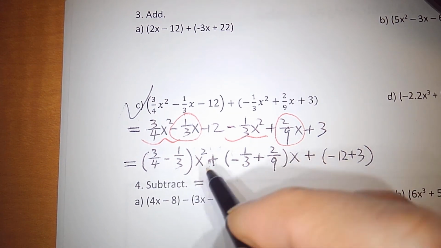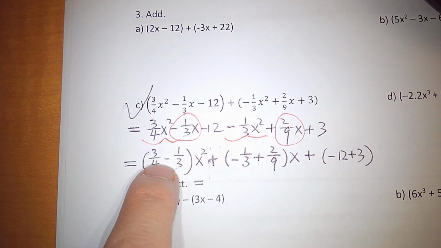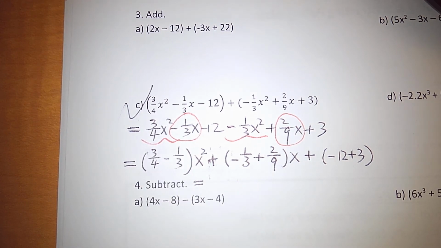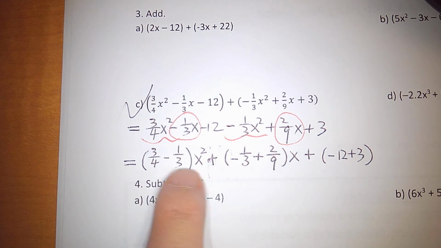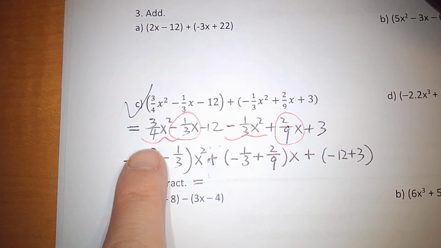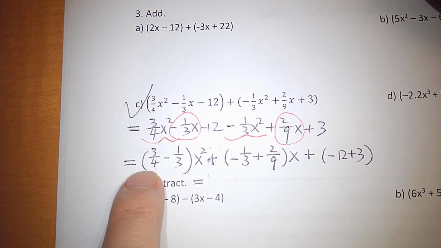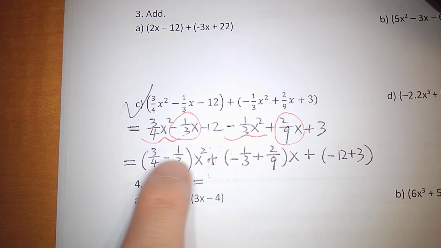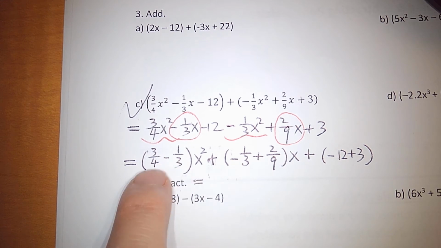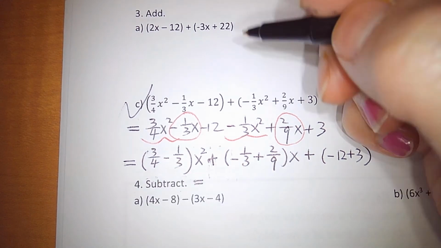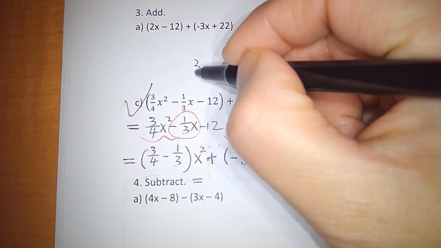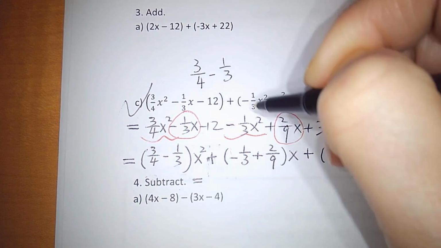All right. So what is 3/4 minus 1/3? How can we combine these two fractions? 3/4, 1/3, do they have the same denominator? No, right? So what is the least common denominator? 12, right? I'm going to write it here, okay? 3/4 minus 1/3.